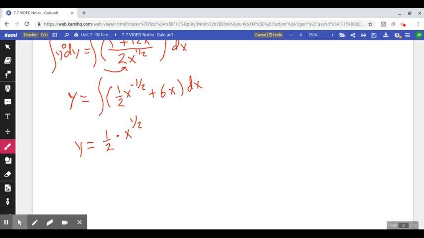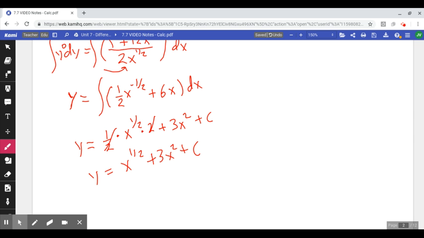Dividing by 1 half, once again, is the same as multiplying by 2. Then we're going to do the antiderivative of 6x, which is going to be 3x squared, and of course plus c. Simplifying a little bit, the 1 half and the 2 will cancel, leaving us with x to the 1 half plus 3x squared plus c.